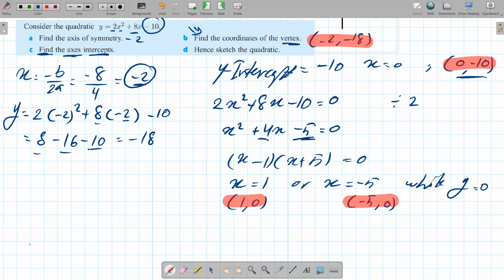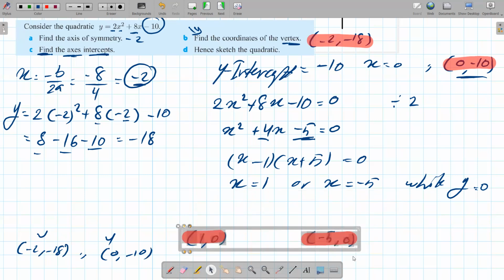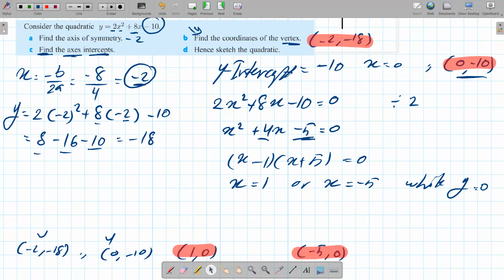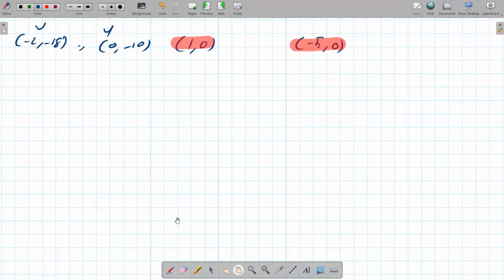The 4 points are negative 2 and negative 18, which represents the vertex, the y-intercept represented by 0 and negative 10, and the x-intercepts represented by 1 and 0 and negative 5 and 0. These are the x-intercepts. And now we can graph the quadratic equation normally.